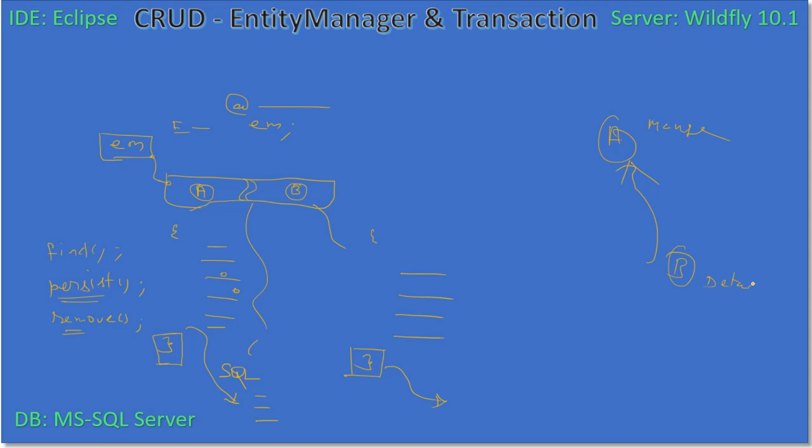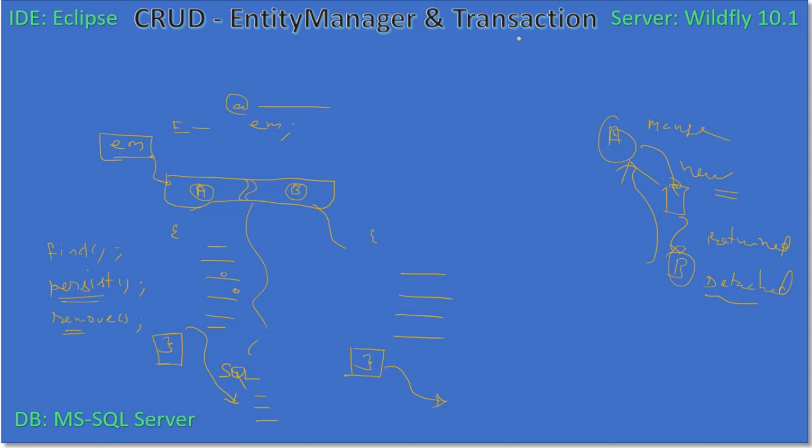If you are returning the object, say the entity is created here and then returned to B, the entity will be in the detached state. Why? Because the transaction is committed. Whatever SQL statement needs to be fired on the database will be fired, and the entity will be in the detached state. So methods A and B need not be in the same bean.